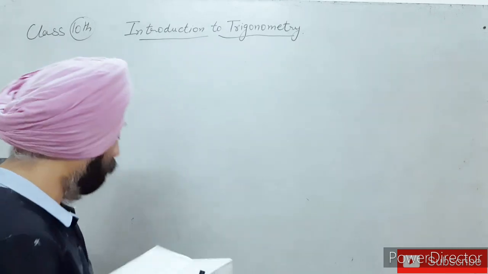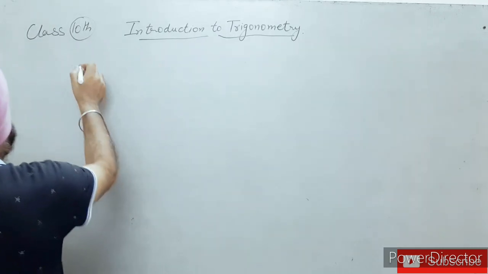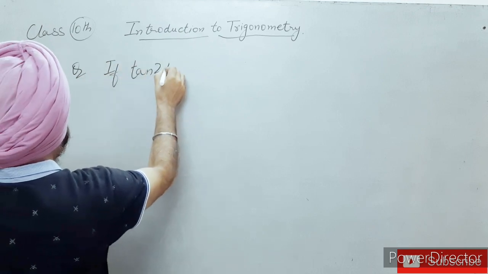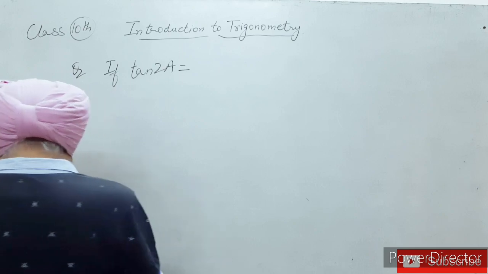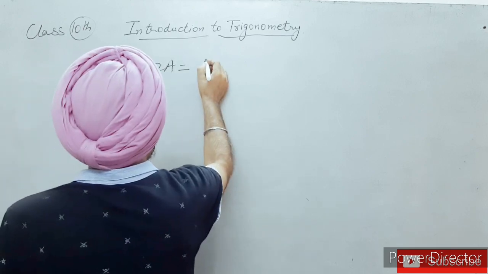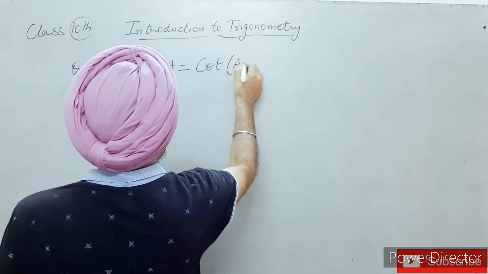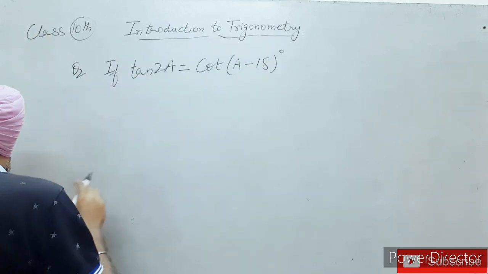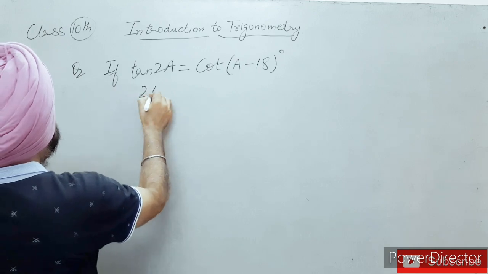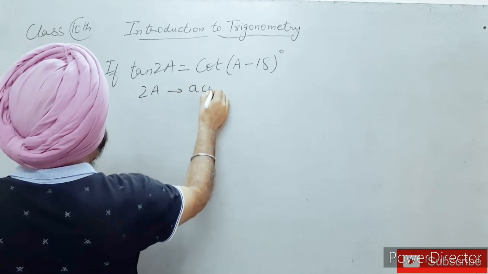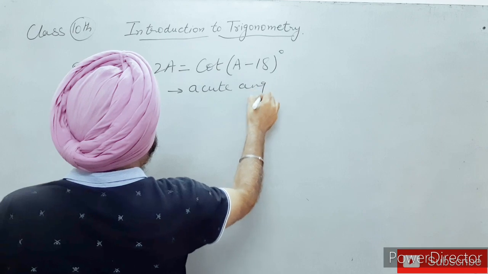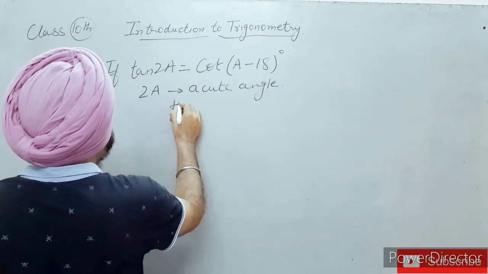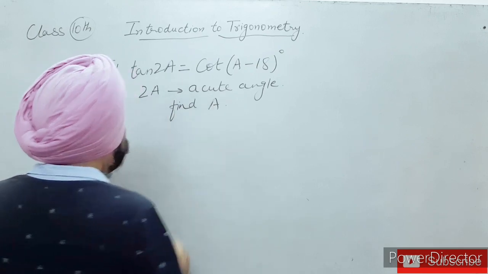Now, the question is, if tan of 2a equals cot of a minus 18 degrees, where 2a is an acute angle. Find the value of a.